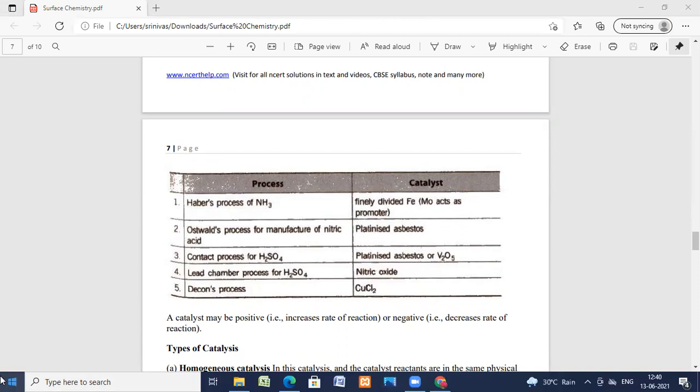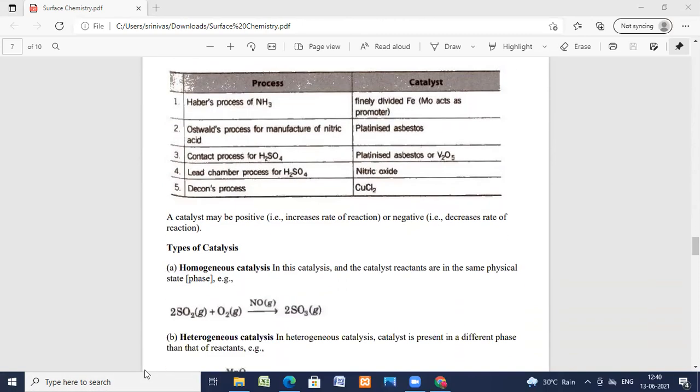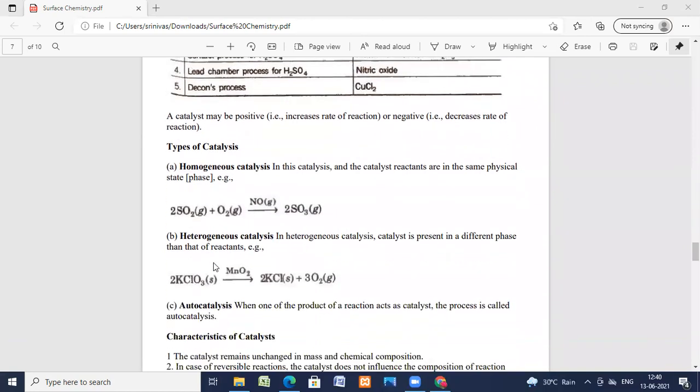So a catalyst can be positive, which increases the rate of the reaction, and sometimes it can even decrease the rate of the reaction, it can be negative. If the right one is not taken, then we get negative catalysis. Now, what are the types of catalysis? Homogeneous catalysis: here, the physical state of the reactants and the products are all the same.